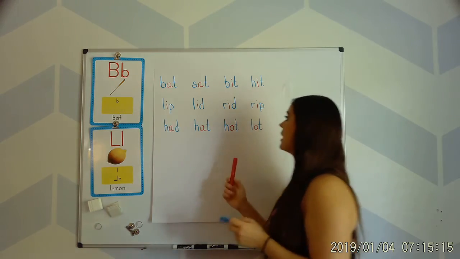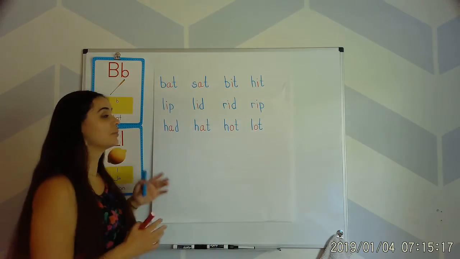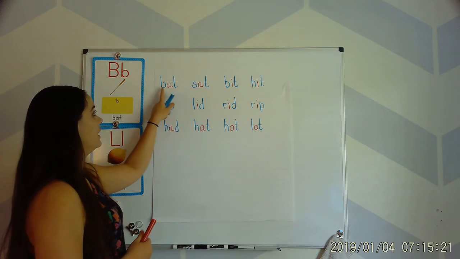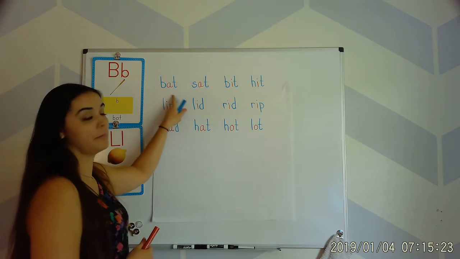Let's read our words, and then we'll go into our sentence. So really try to use those blending skills, guys. So, bat, b, a, t, bat.